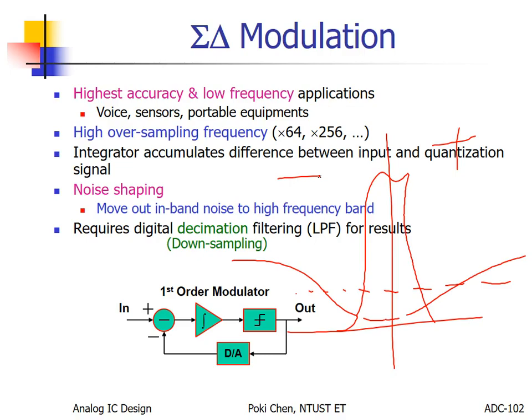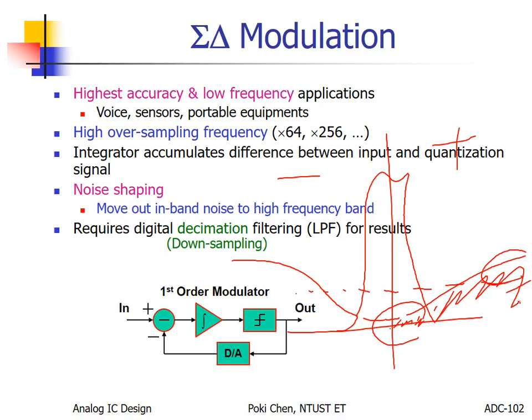Then you can see you get higher noise energy at high frequency band, right? And how about the in-band noise? It is reduced. Again, I need to tell you, the in-band and the out-of-band noise, overall the energy should be exactly the same. But we try to modify the shape.